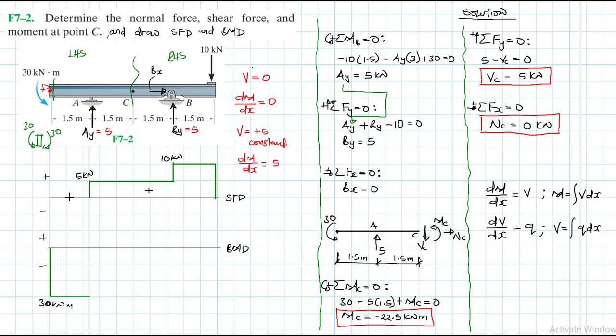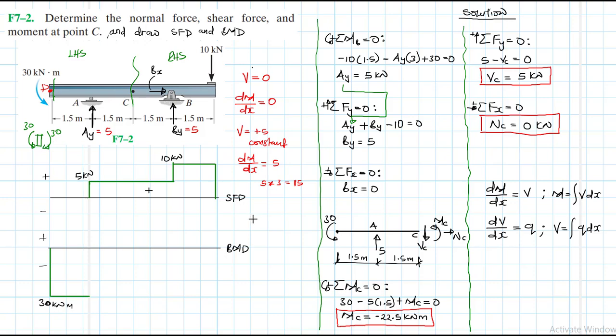All right. So we need to calculate what value it is. And we know that the area under the shear diagram, or shear loading, gives us the moment. So we'll do it in parts. From A to B, we have 5 times 3, which gives us 15.